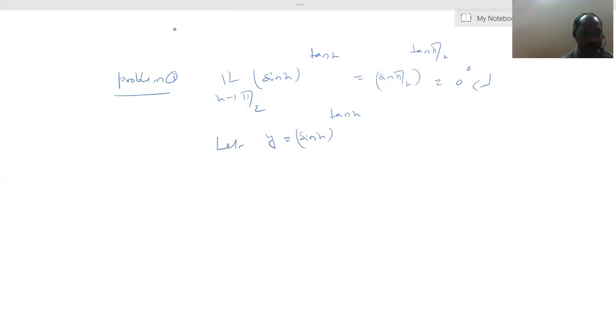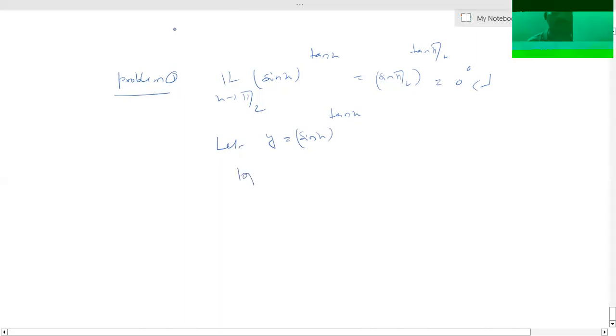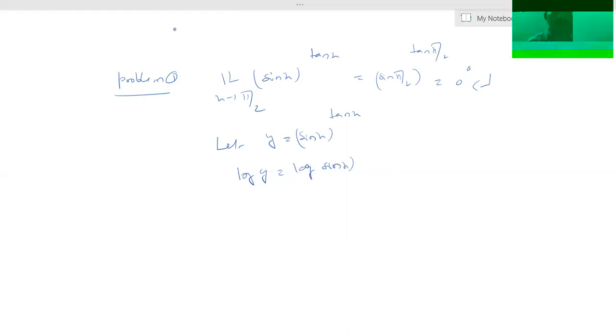Take log y equal to log of sin x whole power tan x. By the logarithmic property, this becomes tan x into log of sin x. That implies log y equal to tan x into log of sin x.